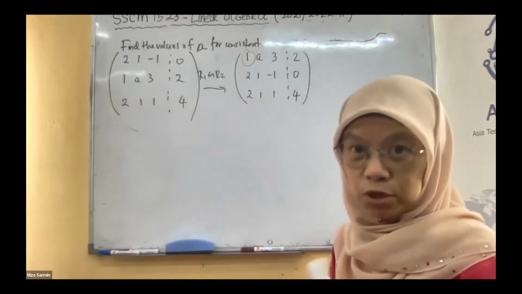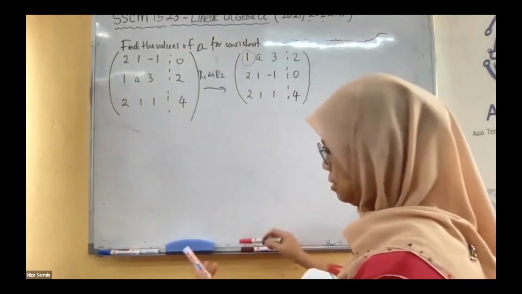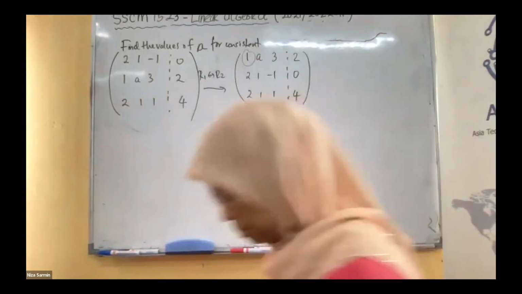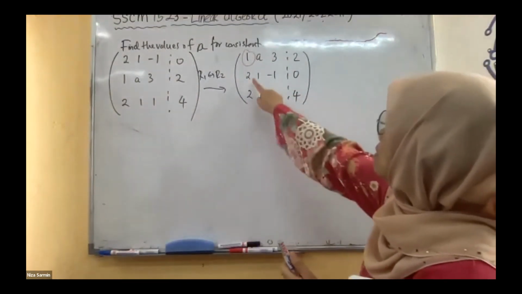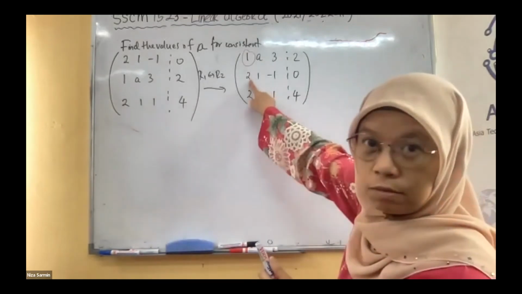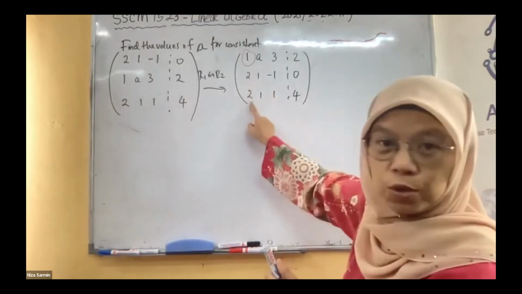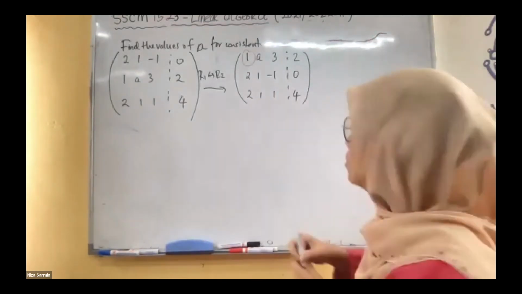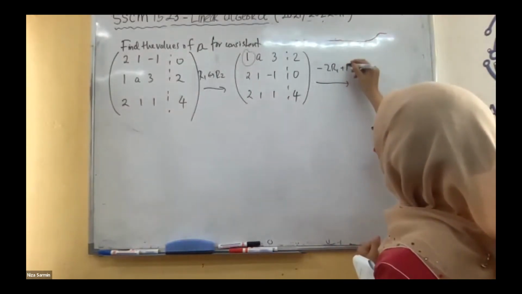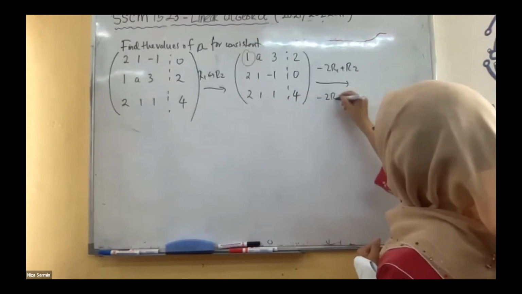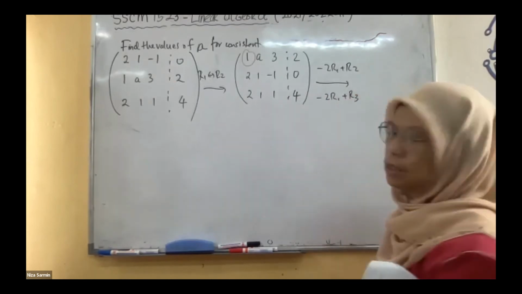No need to copy because it's in the notes, yeah? Just look at the process. Okay. This you want to be 0. This you want to be 0. Okay. So negative 2 row 1 plus row 2, negative 2 row 1 plus row 3.